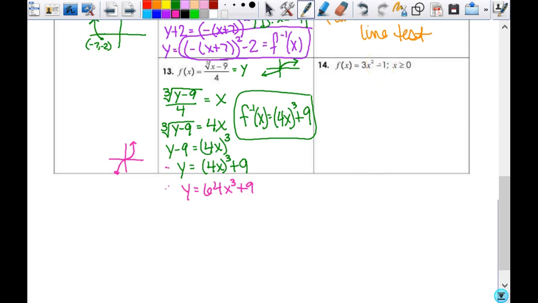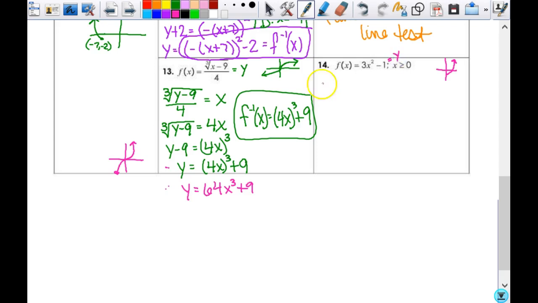So since I don't shift it left or right, which part of the parabola do I get if all my x's have to be greater than or equal to 0? Do I get the right side or the left side? The right side. And it's stretched by 3 and shifted down 1, so I kind of get this right here, right? That's what the graph would look like. Does that pass the horizontal line test? Yes, it does. So since that passes, I can set this equal to y.